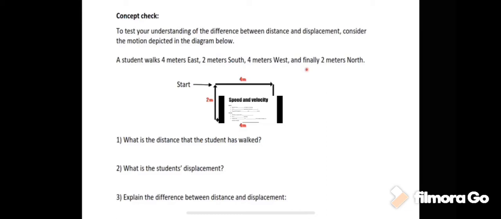Second question, what is the student's displacement? So remember, the displacement is how far you've moved from your original position. So he got back to where he started, so the displacement is 0. The third question is explain the difference between distance and displacement, which we said in the slide before this one.